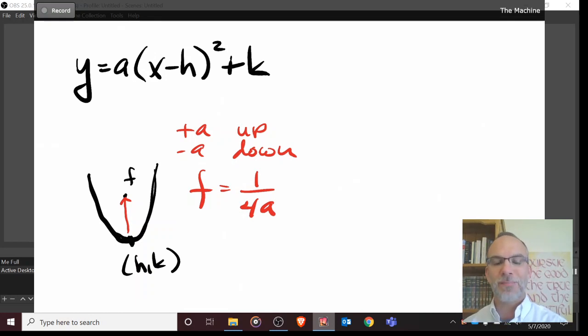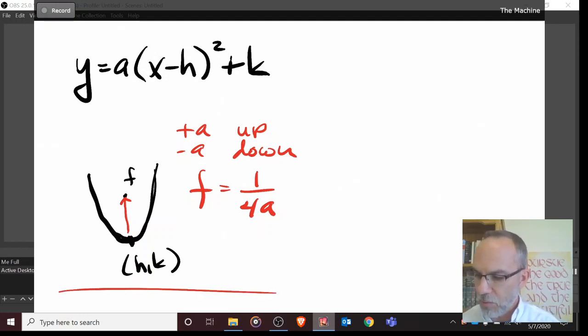You should memorize that, okay? The distance from the vertex to the focus is 1/(4a), and that's also the distance from the vertex to the directrix, that line underneath. That also would be 1/(4a). All right?